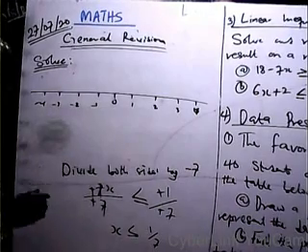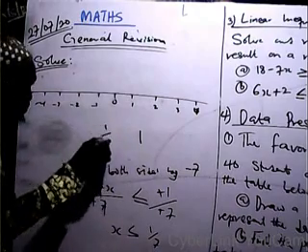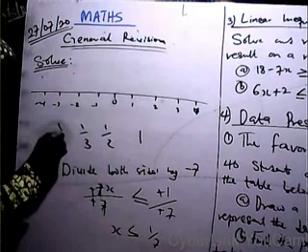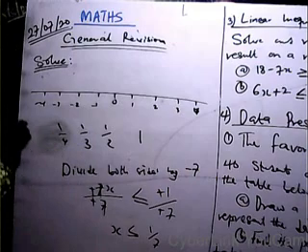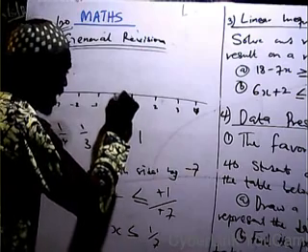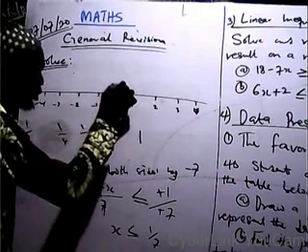We have 1 here. 1/2, which is half, is here. 1/3 will be less, 1/4 will still be less, 1/7 will still be less. So that means if you have 1 here and this is halfway between 0 and 1, your 1/7 will not be up to the halfway.